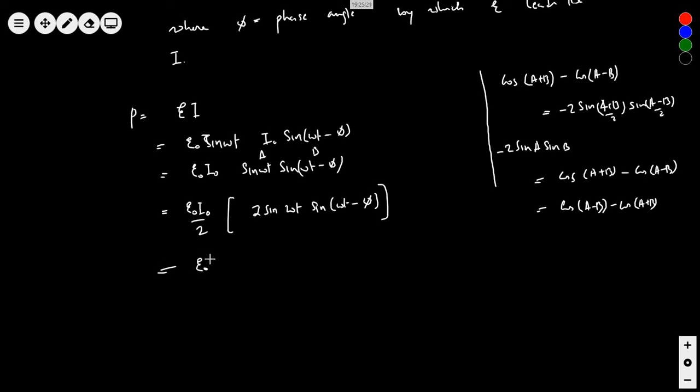Then I can write this as E naught I naught by 2 times cos of A minus B, so omega t minus omega t plus phi, then minus cos of omega t plus omega t minus phi.